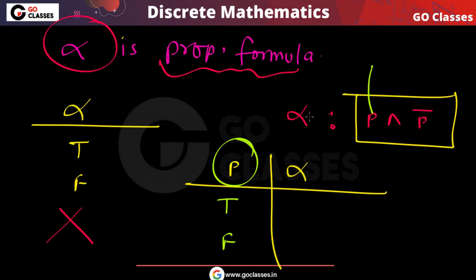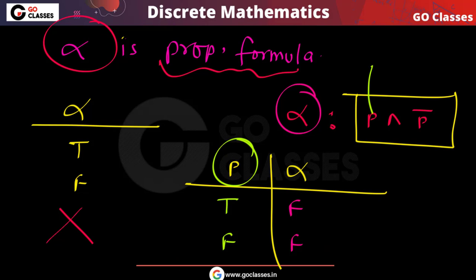But remember, alpha is a propositional formula. Say this alpha is p and p bar. P does not depend on anyone else, but this alpha will depend on the truth value of p. So you can very easily say that this is also false.